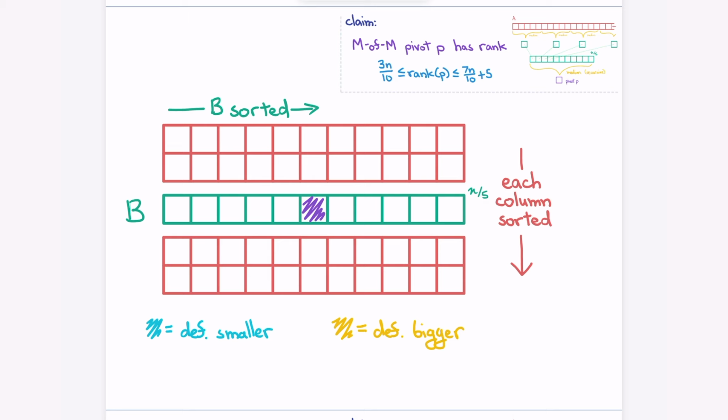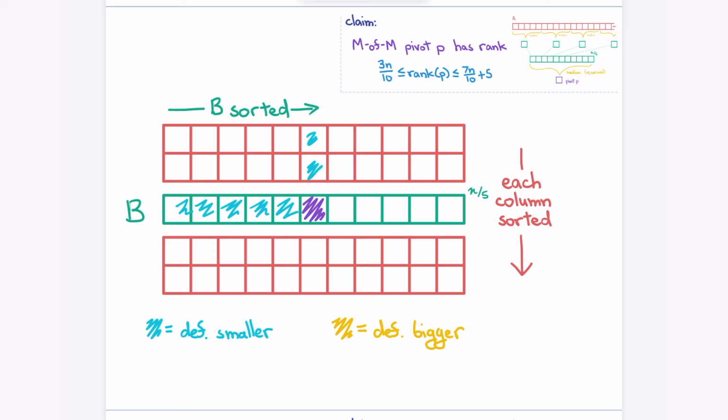So now we want to argue that roughly 30% is smaller. In this whole input array, first, which ones are clearly smaller? We know these ones are smaller because they're smaller inside B, and above it.